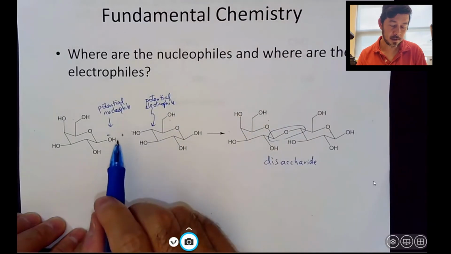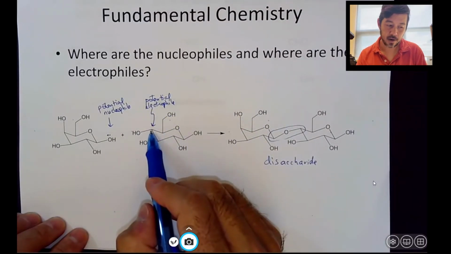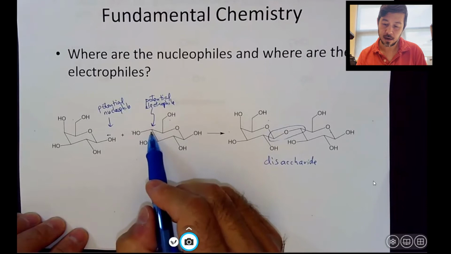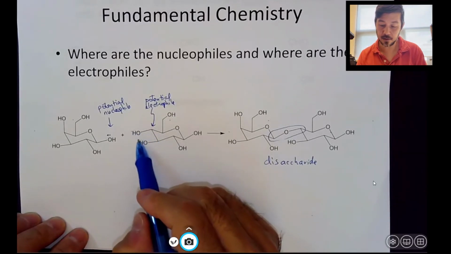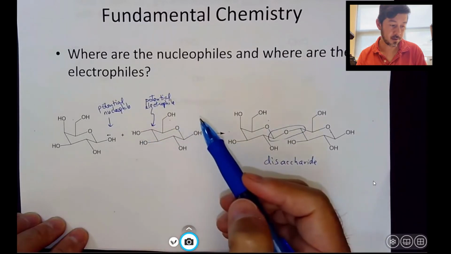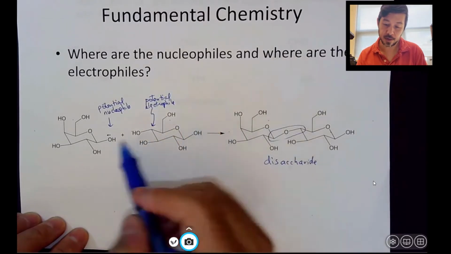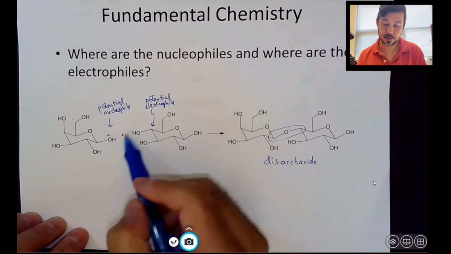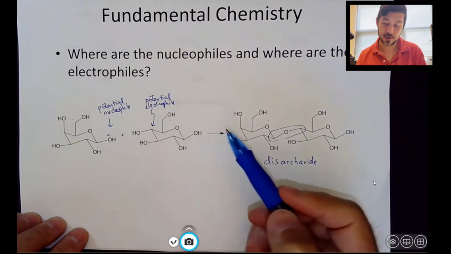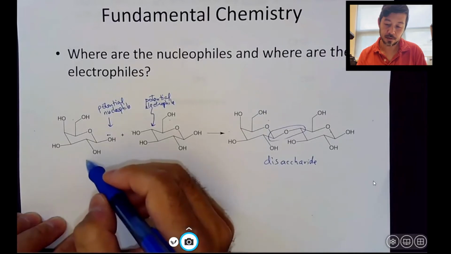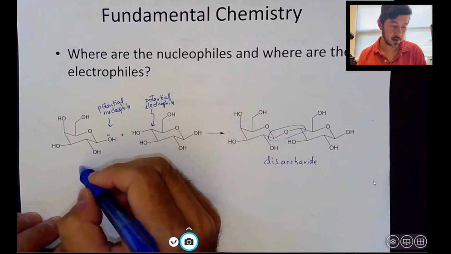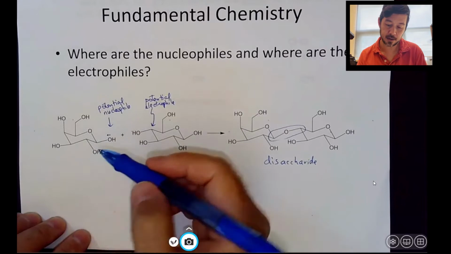Now it turns out that this carbon here is not very electrophilic. The main reason is that these hydroxyl groups are really not very good leaving groups. And if we're trying to get the nucleophile to attack, you can imagine there would be issues of regiospecificity. So the other way to do this is to generate our oxocarbenium ion.